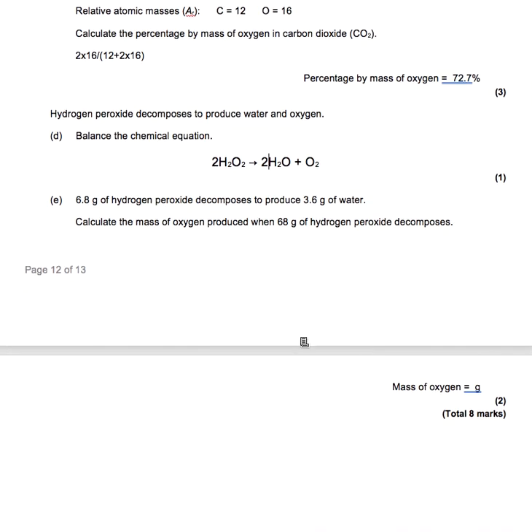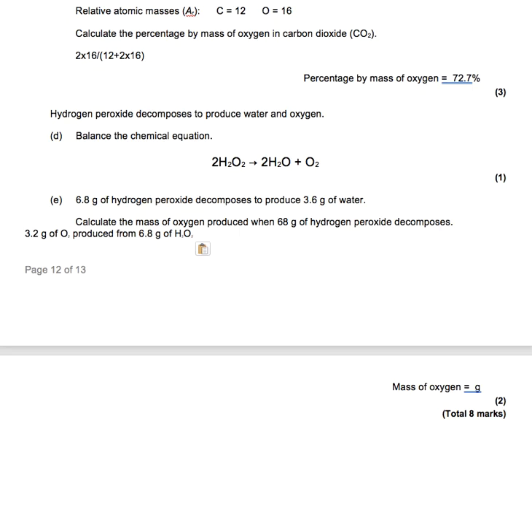Part E, 6.8 grams of hydrogen peroxide decomposes to just 3.6 grams of water. Calculate the mass of oxygen produced when 68 grams of hydrogen peroxide decomposes. Well, 3.2 grams of oxygen is produced from 6.8 grams of H2O2.